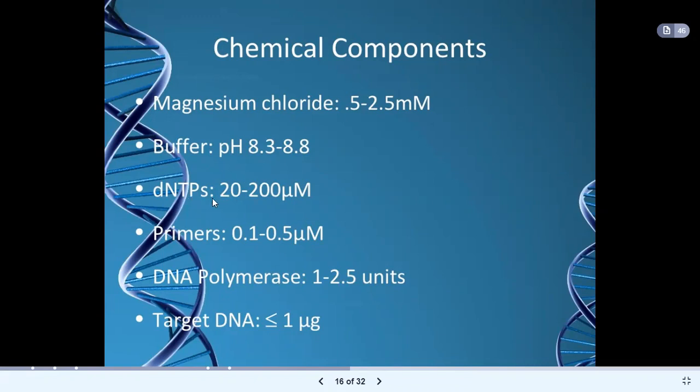Then dNTPs, the deoxynucleotide triphosphates, are used here. Secondly, the primers are used. Then DNA polymerase is used again, and lastly the target DNA which we get.